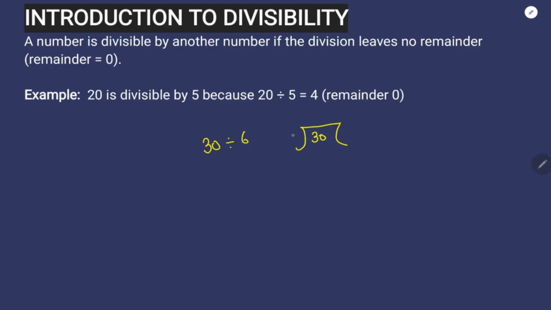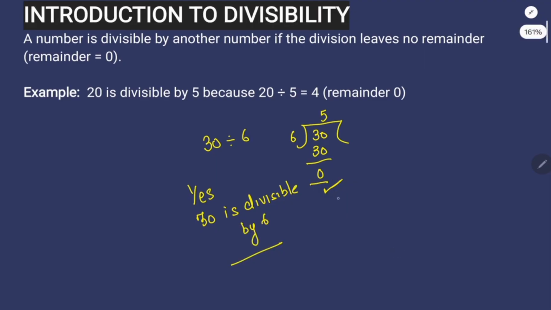You will divide 30 by 6 and you get 6 5s are 30. What is the remainder here? 0. So when you get remainder 0, then you say yes, 30 is divisible by 6. So whenever you need to check divisibility, you always need to have remainder 0, right?